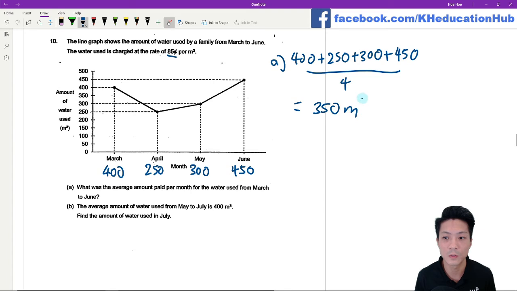That gives 350 cubic meter, which means that I need to calculate the average amount, which is 350 multiplied by the 85 cents, which is $297.50.